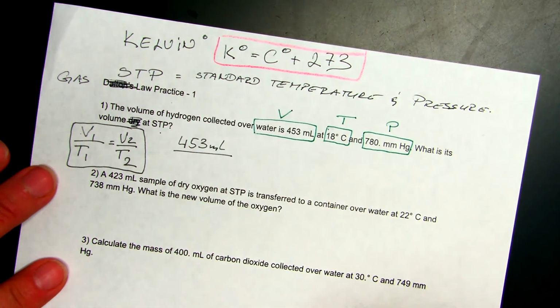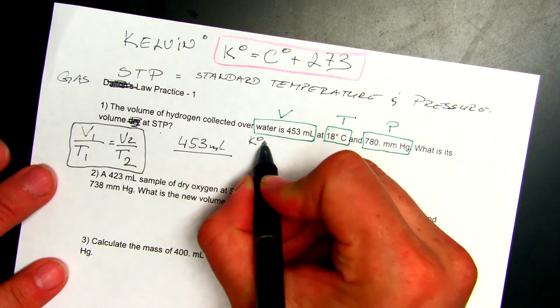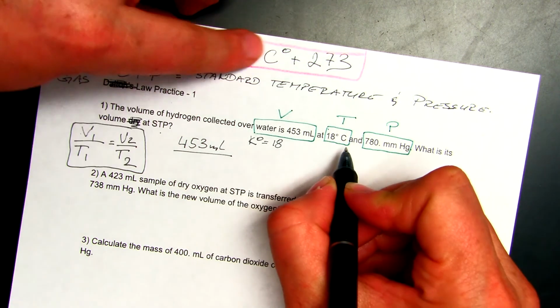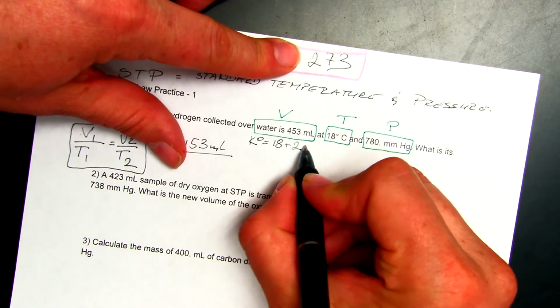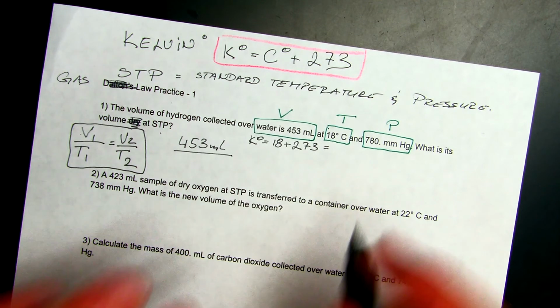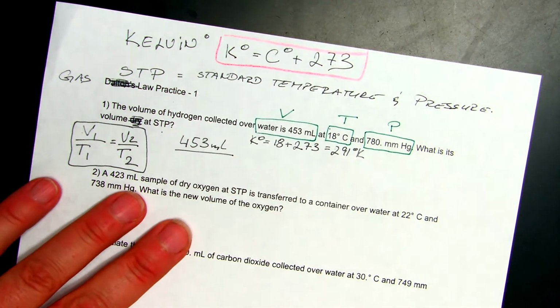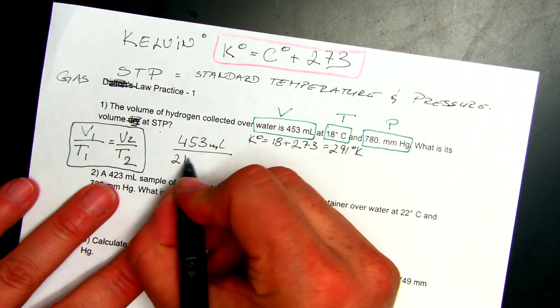So let's do a little side calculation. Kelvin would be 18, that's the degree. I'm using this formula, so Celsius plus 273. So 18 plus 273. Can somebody tell me what that is? Excellent. 291 degrees Kelvin. Okay, so I write down 291.